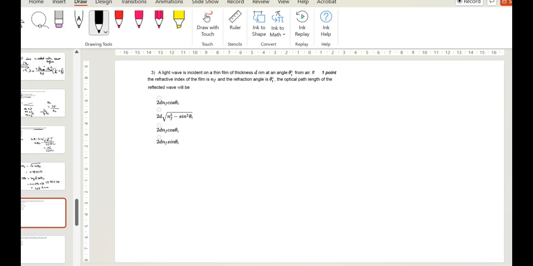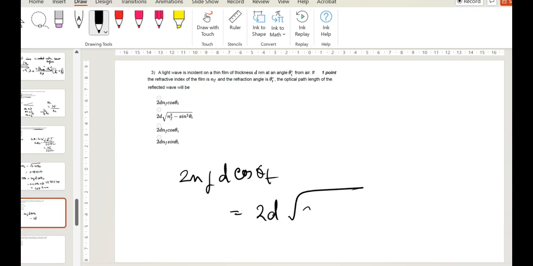If the refractive index of the film is nf and the refraction angle is theta t, the optical path length of the reflected wave will be, we know, 2 nf d cos theta t, and it can be written as 2d root over nf square minus sine square theta i.